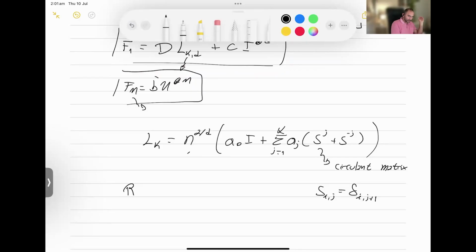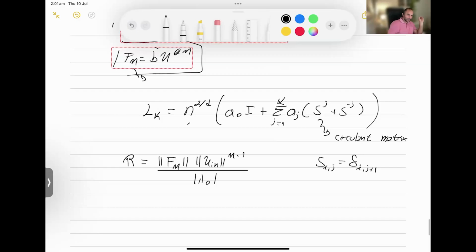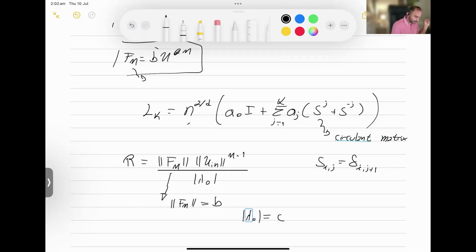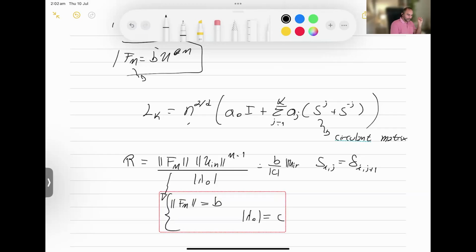I want to call attention here to R, because remember how we define R, in terms of Fm and U_in. For the case that we're dealing with, you can show that the norm of M is equal to B, and the maximum eigenvalue of F0 is going to be C. We can prove that for the particular case that we showed, and we end up with a bound in terms of B over C and U_in.